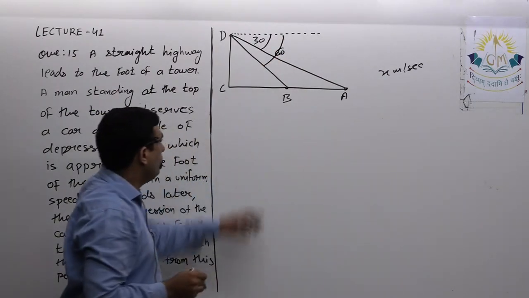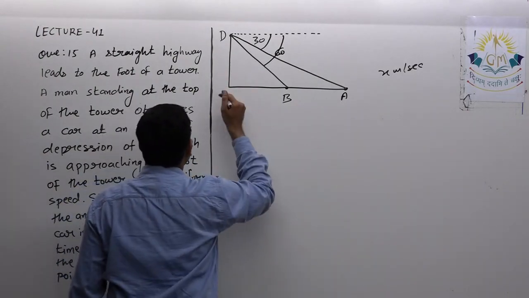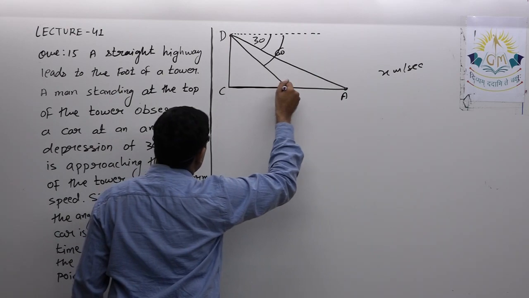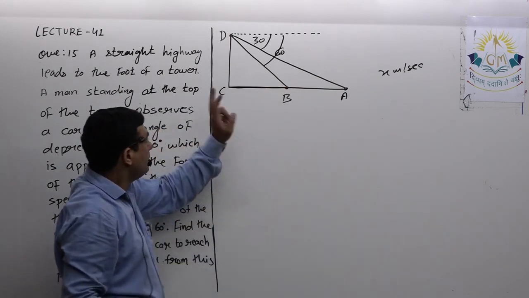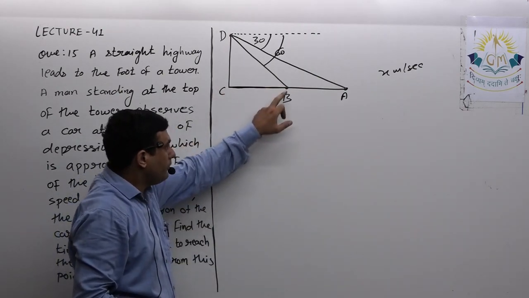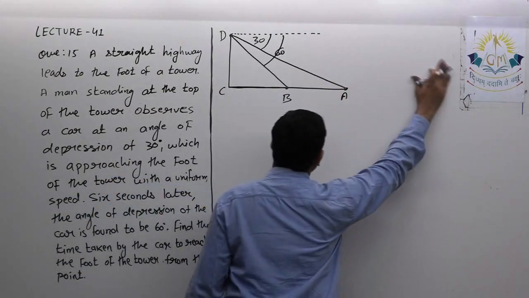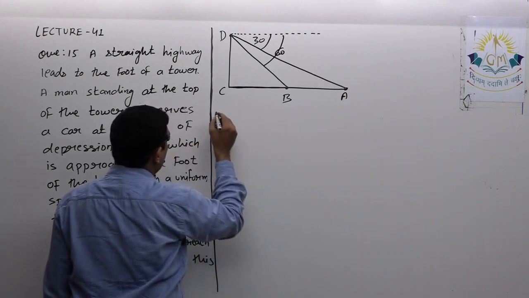Okay, so we have to find the time taken by the car to travel this much distance. That means how much time it will take to reach the foot of the tower from point B. So let us first describe the diagram.